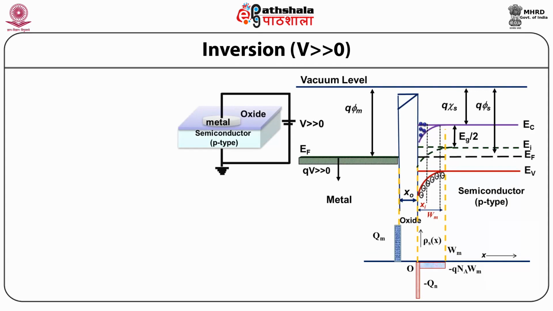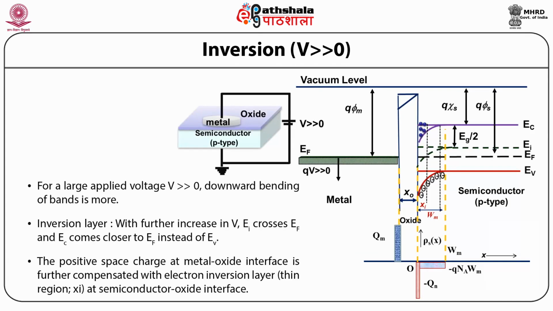Inversion. This inversion happens for a large positive applied voltage, and a downward bending of the bands occurs. When EI touches EF at the surface, the semiconductor surface becomes intrinsic.